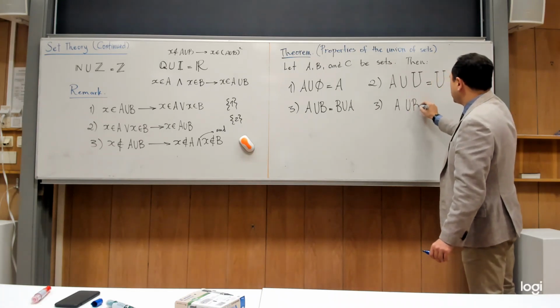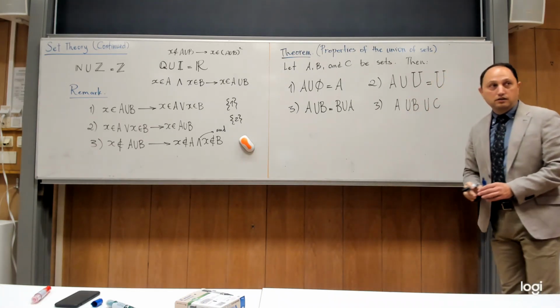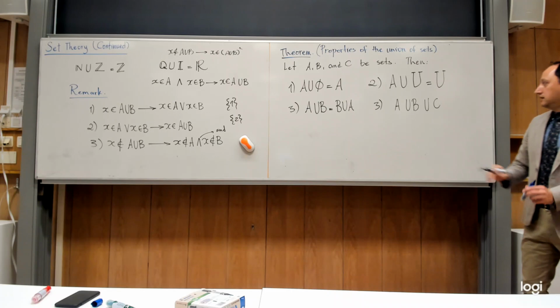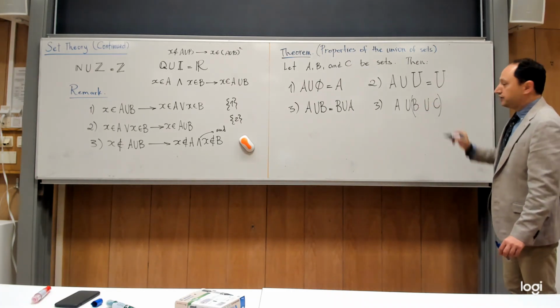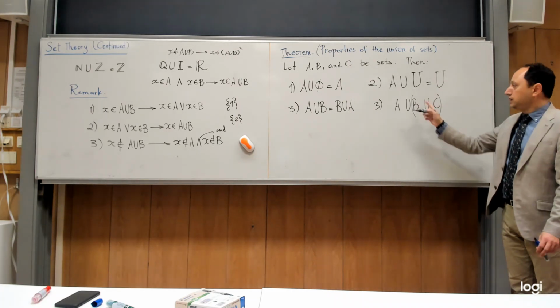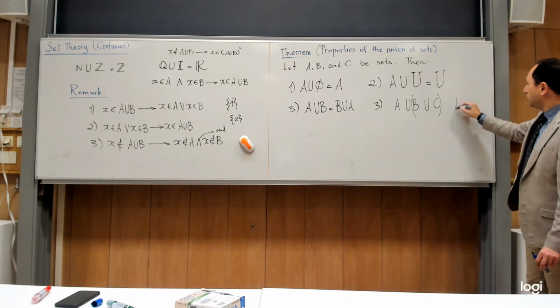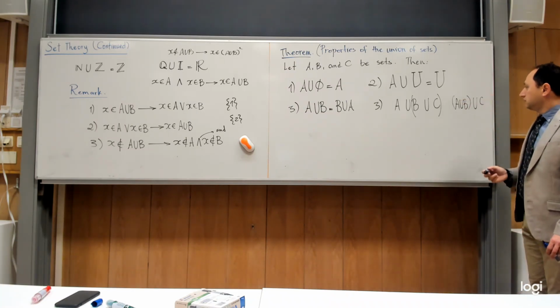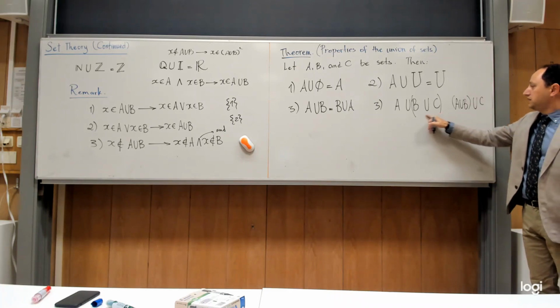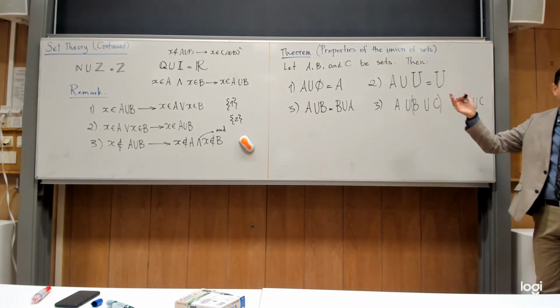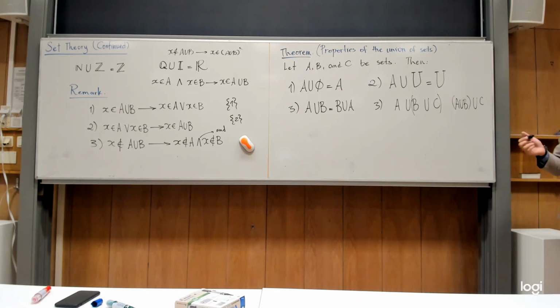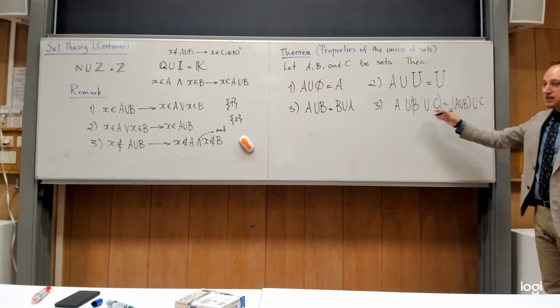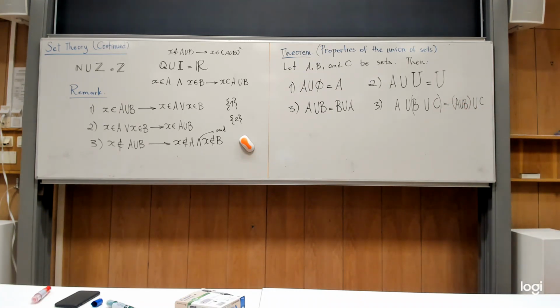Okay, so what do you think will happen if I have the union of three sets? Does it matter if I union these two first, and then union the answer with that, or if I do it the other way around? Do you think the results would be different? Yes or no? No. So the answer is this. So this is associative. So the union operation is associative.